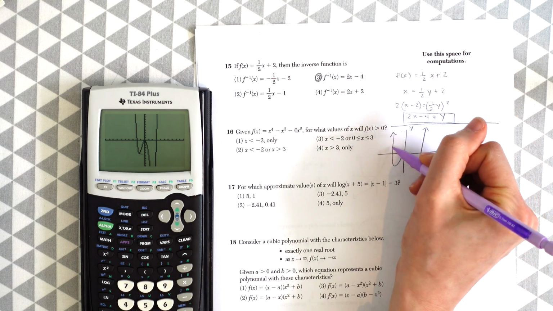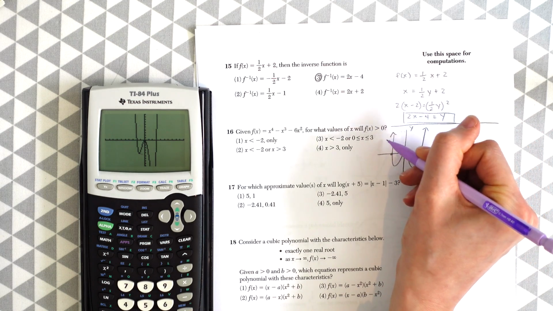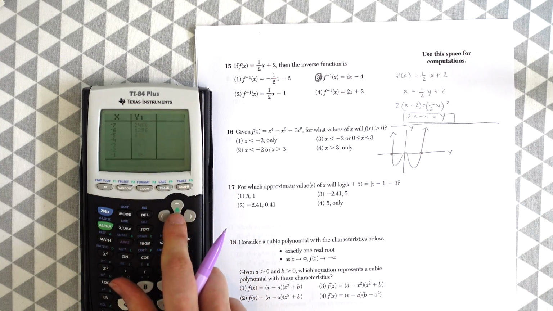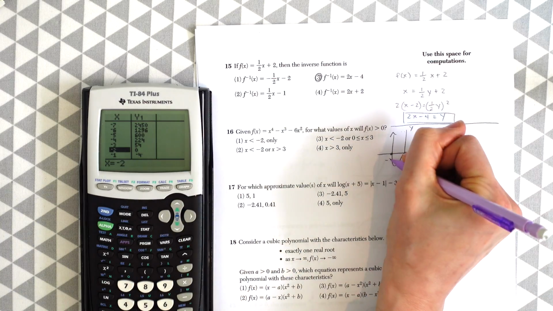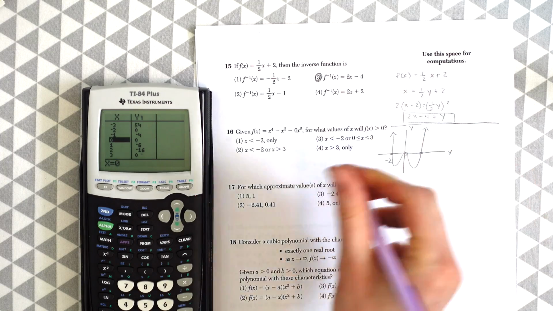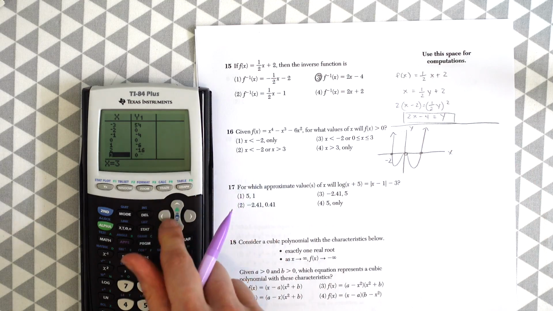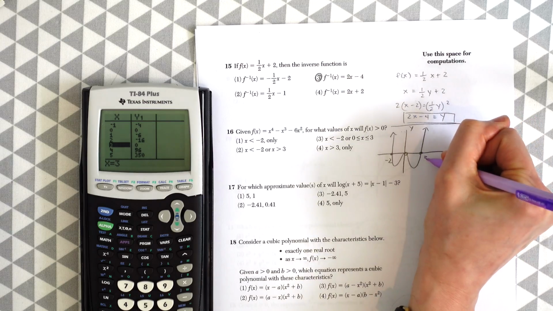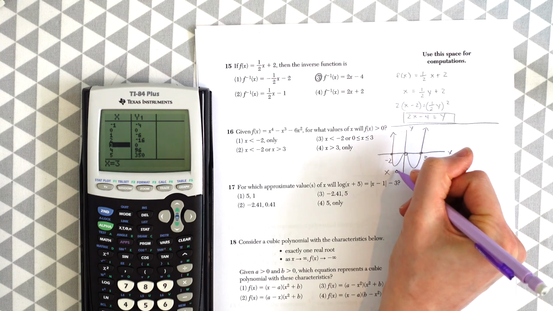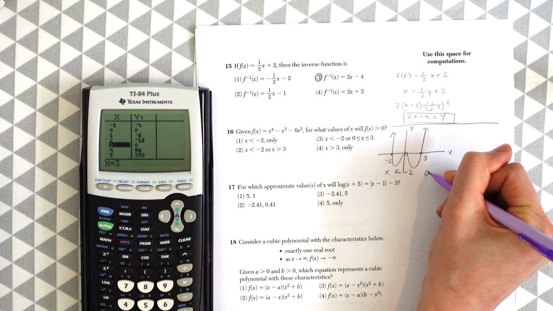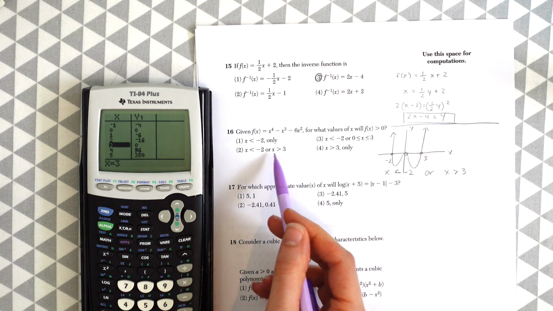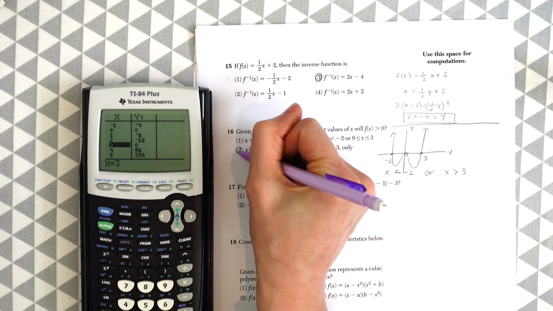So we could see that y is positive going this way, less than this value, and greater than this value. We just want to look at what values those are. So we could look and see that this is -2 on the left, and here's 0. That's also another 0 value. And then this over here is 3. So we know that y is positive when x is less than -2, or when x is greater than 3. So that is choice number 2.